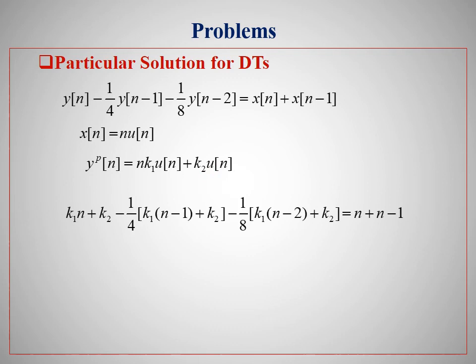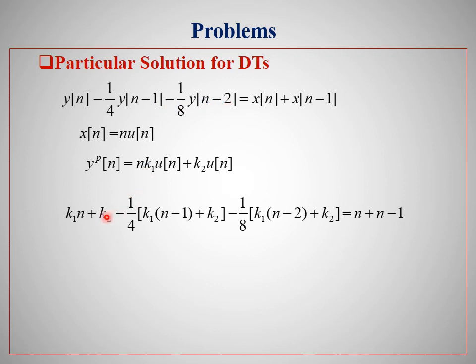Substituting this in the difference equation, for y of n we write k1 n plus k2. For y of n minus 1, wherever there is n, we replace it by n minus 1, and for n minus 2, wherever there is n, we replace it by n minus 2.